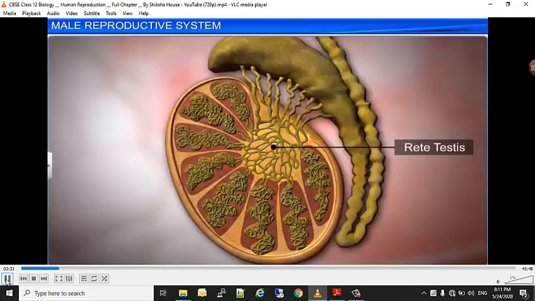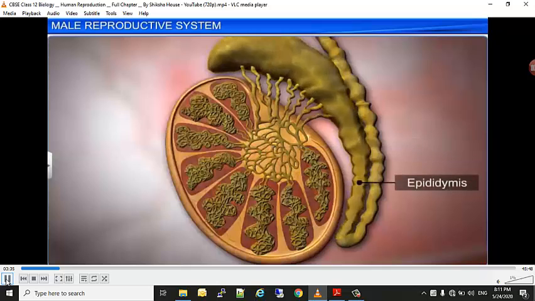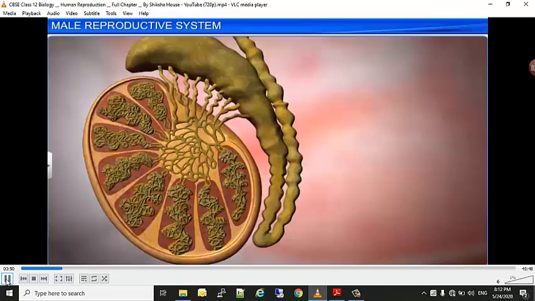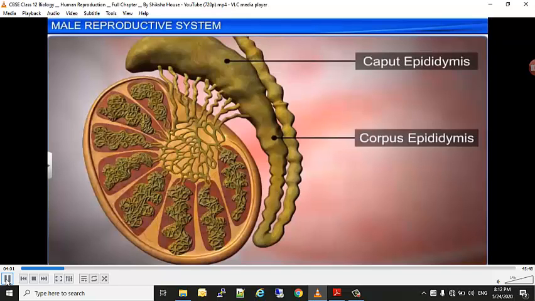The epididymis is a long, narrow, highly coiled tubule present along the posterior surface of the testis. It is divided into 3 parts: the anterior caput epididymis, the middle corpus epididymis, and the posterior cauda epididymis. The epididymis stores the sperm temporarily and nourishes them.